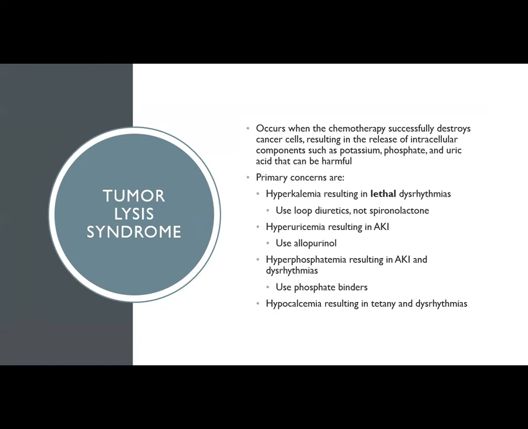Hyperphosphatemia results in acute kidney injury and dysrhythmias. I can use my phosphate binders. And hypocalcemia results in tetany and dysrhythmias, so I can give them calcium. So that's what happens with that tumor lysis, is the cancer cell bursts, and now I'm in an oncological emergency. So these are kind of like our emergency drugs for this cancer.